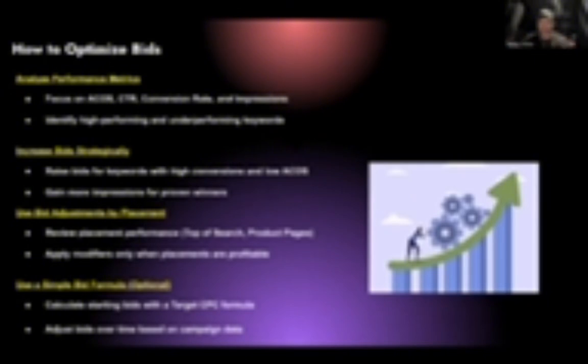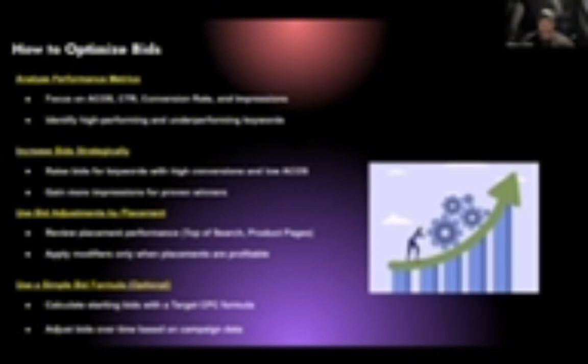Don't make decisions based off of how you feel today. Look at the data. If it's performing well, increase the bids. If it's performing bad, decrease the bids. If it's still bad, add it as a negative, right? Just look at the data and make the decision based off the data, not based off how you feel in the moment, right?